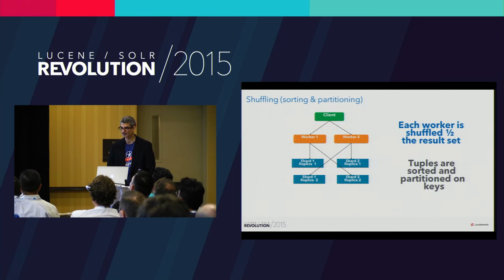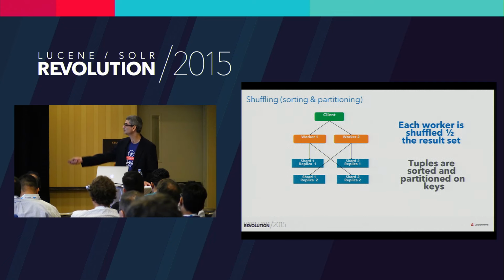So here's a quick picture of a shuffle. In this case, the client is sending a request to 2 worker nodes. We haven't covered workers yet, but we will soon. Each of those workers is going to get shuffled 1/2 of the result set. Each worker is given a query, the same exact query. Then those workers go out to a Solr Cloud collection, and each worker will contact 1 replica in each shard.